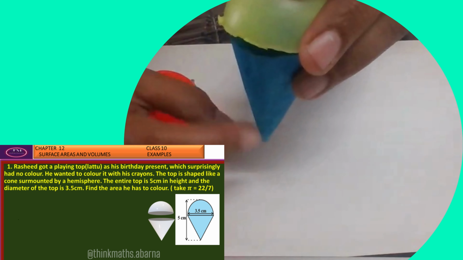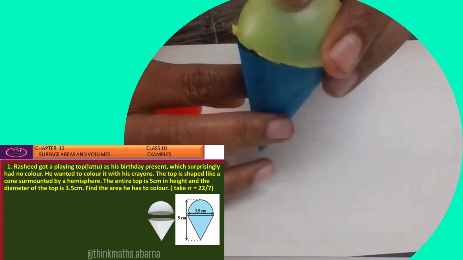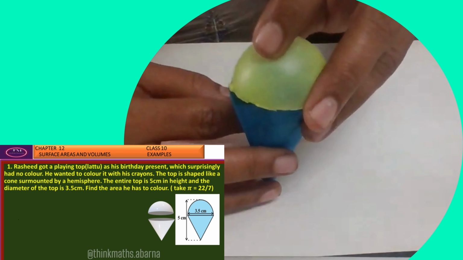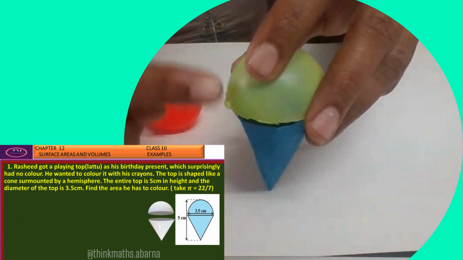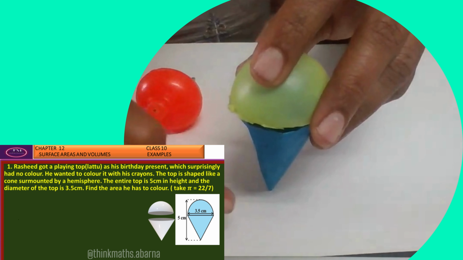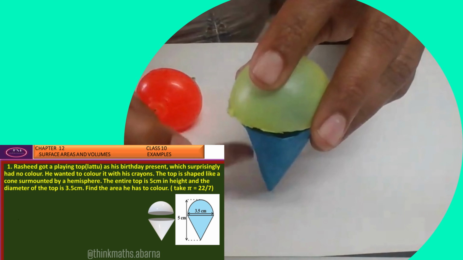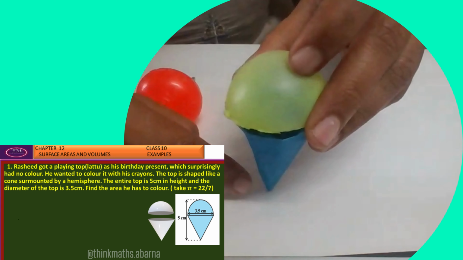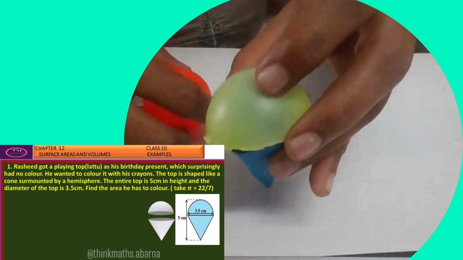So only the curved surface area of the cone and the curved surface area of the hemisphere should be calculated. The total surface area of this top is the curved surface area of the cone plus the curved surface area of the hemisphere.